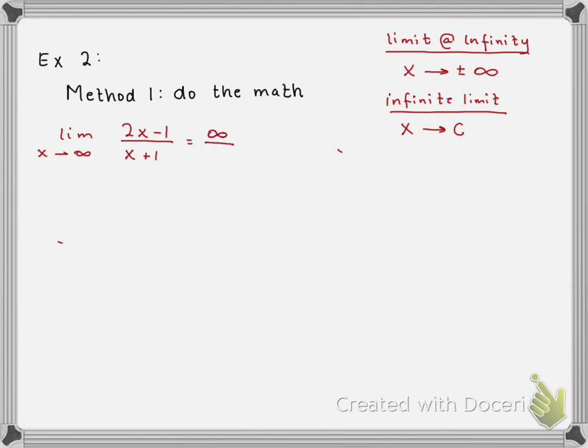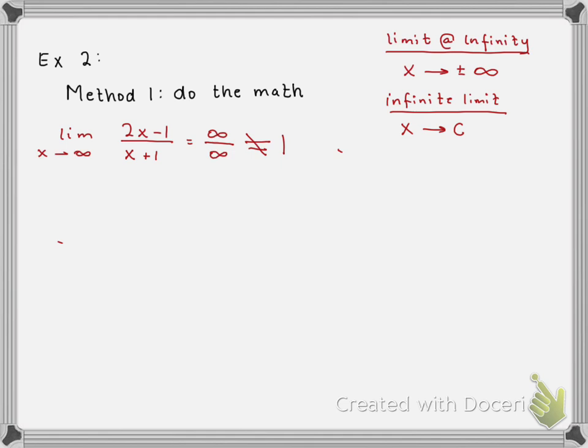Likewise, in the denominator, if you put infinity in for x and add 1, you still get infinity. Now, infinity over infinity does not equal 1. That is an indeterminate form, and we will get into that a little later when we learn about L'Hopital's rule. But right now, we just need to know this does not equal 1. So plugging infinity in using direct substitution isn't going to cut it.